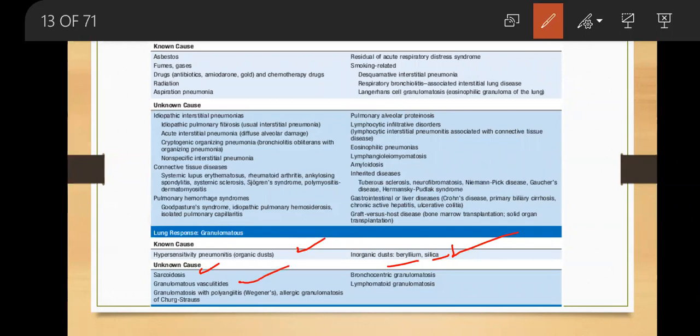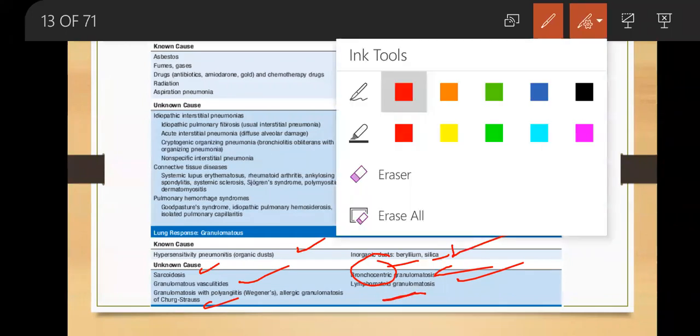So sarcoidosis causes granuloma, granulomatous vasculitis, Wegener granulomatosis, bronchocentric granulomatosis, and lymphomatoid granulomatosis. So that is granuloma centered in the bronchi, or granuloma that is more associated with lymphocytes.